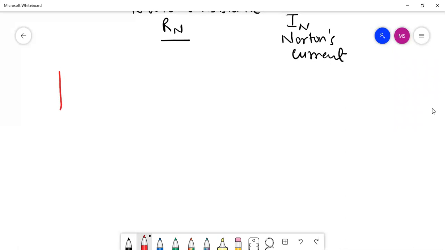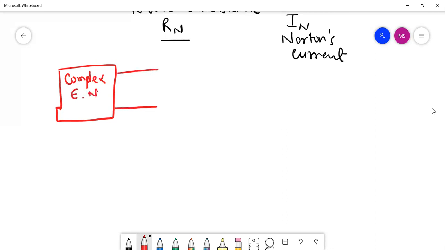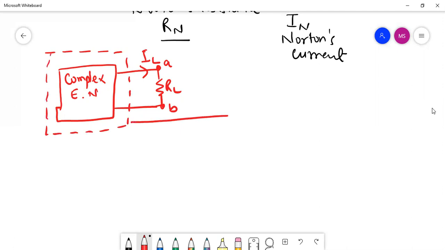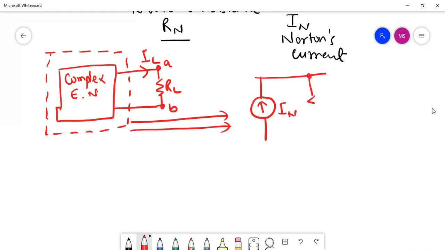That means if there is a complex electric network, and we have the load resistance RL connected across the load terminals AB with some current flowing through it, then this part of the electric network can be converted into a simple network which contains a current source known as IN and a resistance known as Rn, the Norton's resistance, across the same load terminals.